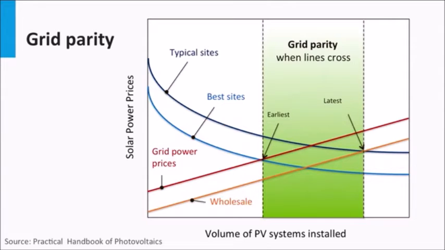The graph is depicting the volume of PV implementation on the x-axis, which can be directly correlated with time, as the past decade has seen the implemented PV volume rise tremendously. As capital costs decline with increasing volumes, PV power is expected to be cheaper.